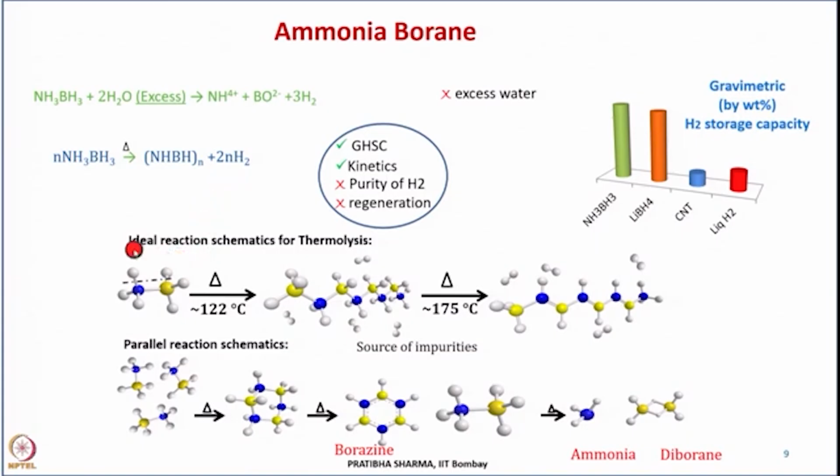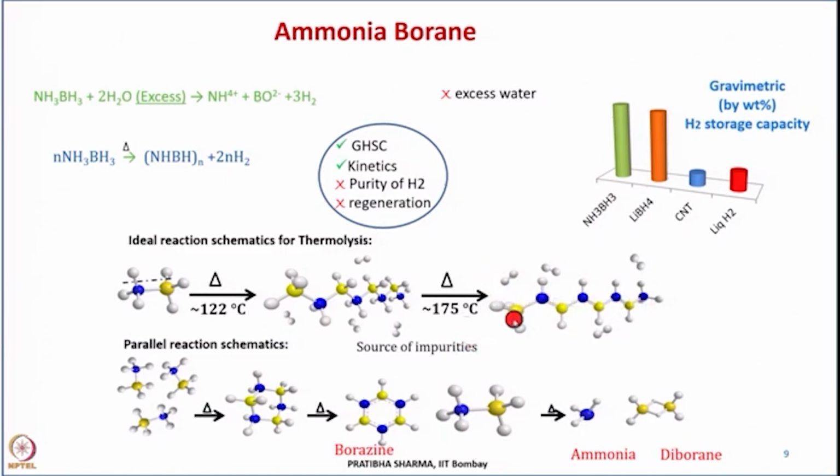So ideally, in the reaction scheme for thermolysis, ammonia borane is heated at temperatures of around 120 to 125 degrees centigrade, and it produces an oligomeric species, polyaminoborane, releasing 1 mole of hydrogen. Further, when it is heated to 175 degrees centigrade, it will release another mole of hydrogen forming polyiminoborane.